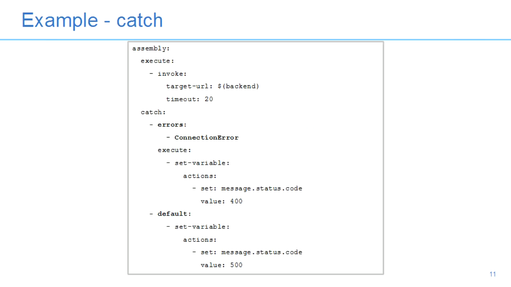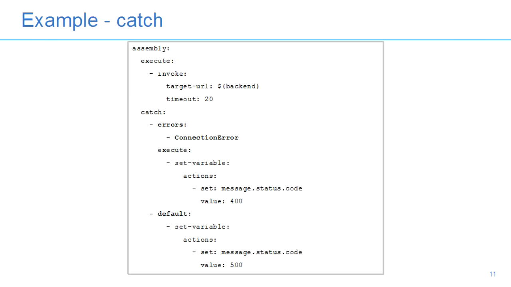Or you can define the keyword default instead of errors, which means that in case none of the errors you have declared match, it's your last resort. So you will run it in case of any other errors that you haven't specified there. Here is a pretty dull example, but showing this capability.